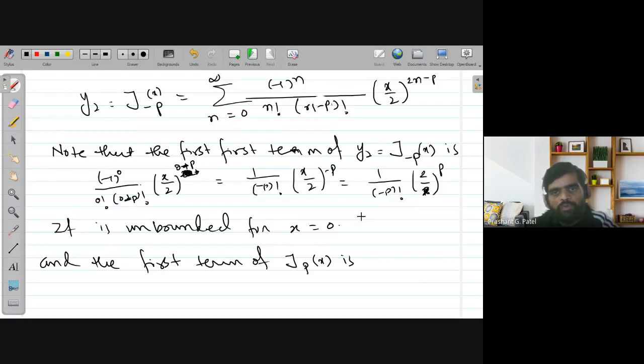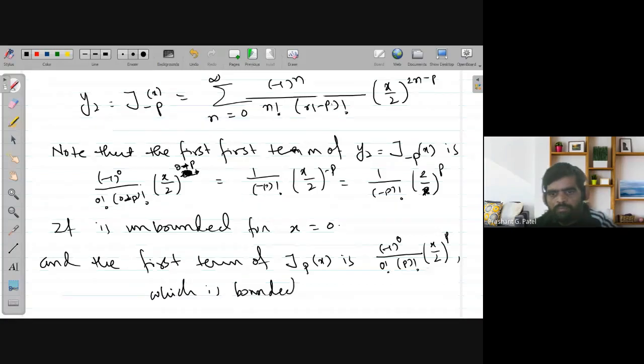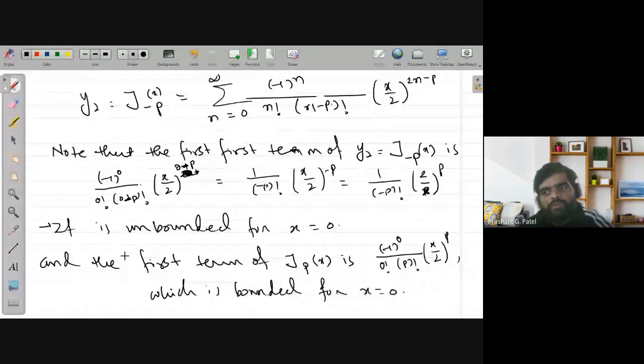The first term of that will give you (-1)^0 upon 0! p! (x/2)^p. And this is bounded for x equal to 0.